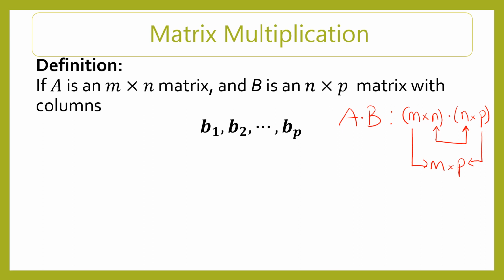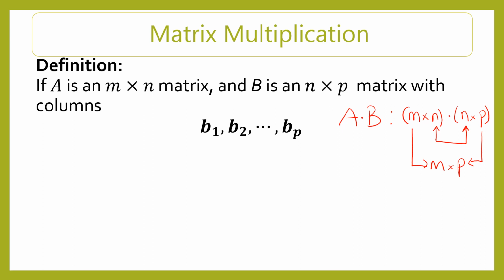Having in mind that we learned how to multiply a matrix by a vector, now this is matrix by matrix. So the first thing is to decompose B into columns. So B1 represents the first column of B, B2 represents the second column of B, all the way to the last column, which is Bp.